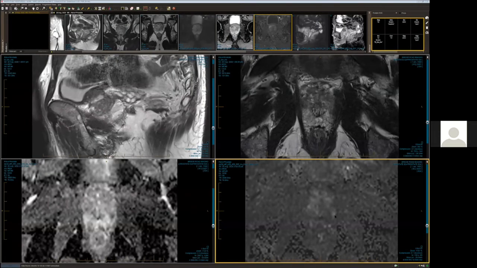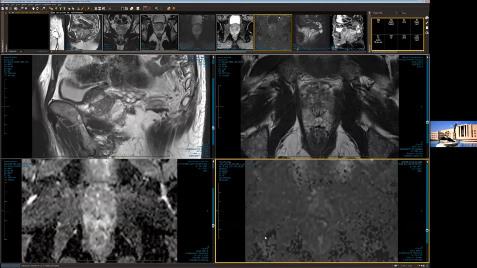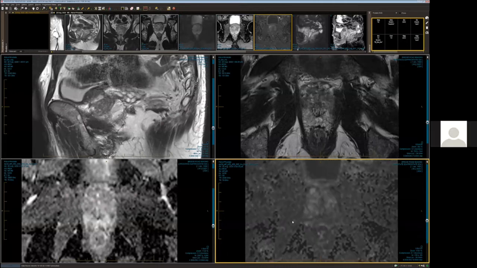You're talking about here? Here's the high B, this is the T2, and here's the ADC. Up and down, please, Richard. From the apex to the base. I'll link them again, so we'll go through them all together. That's probably the easiest thing to do, slice per slice, please.